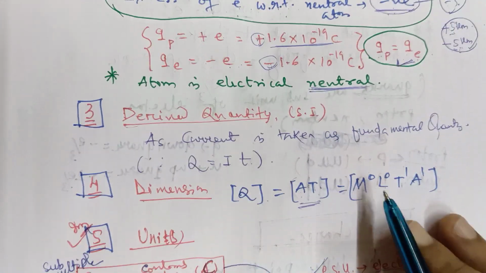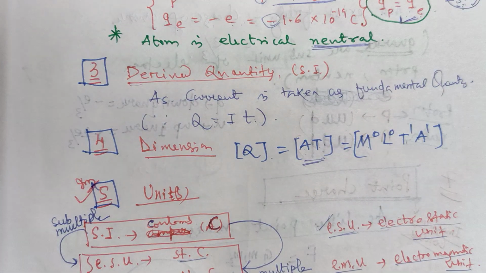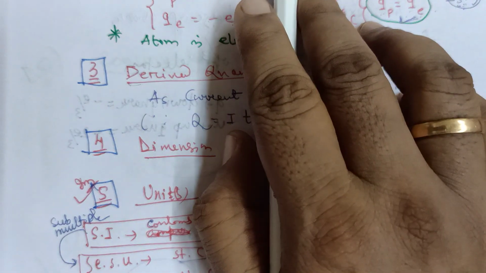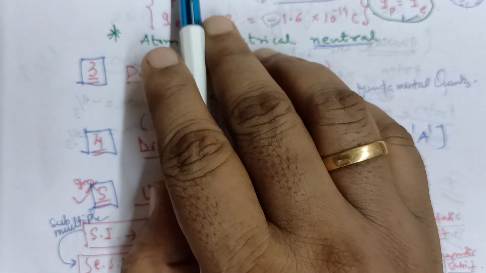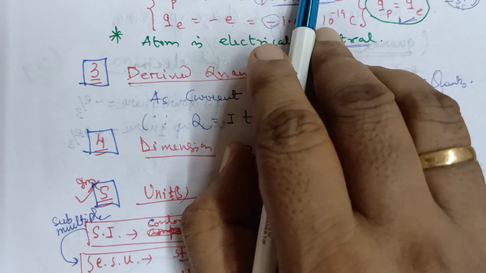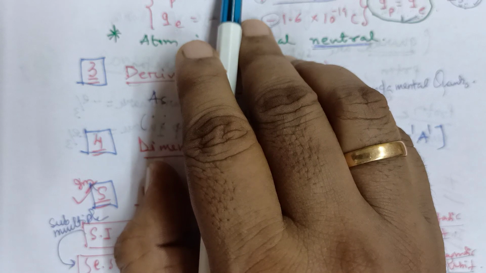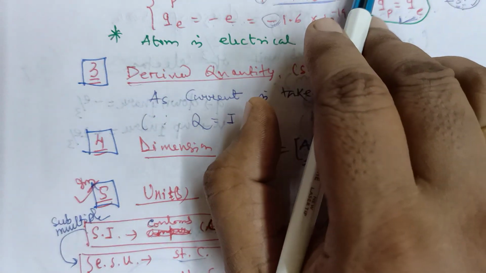Now we will discuss the derived quantity. Now we are discussing the types of charge, positive charge and negative charge. Clear? Positive charge means a neutral atom, when it donates electrons, has some deficiency of electrons. That means a shortage of electrons, so it acquires positive charge.